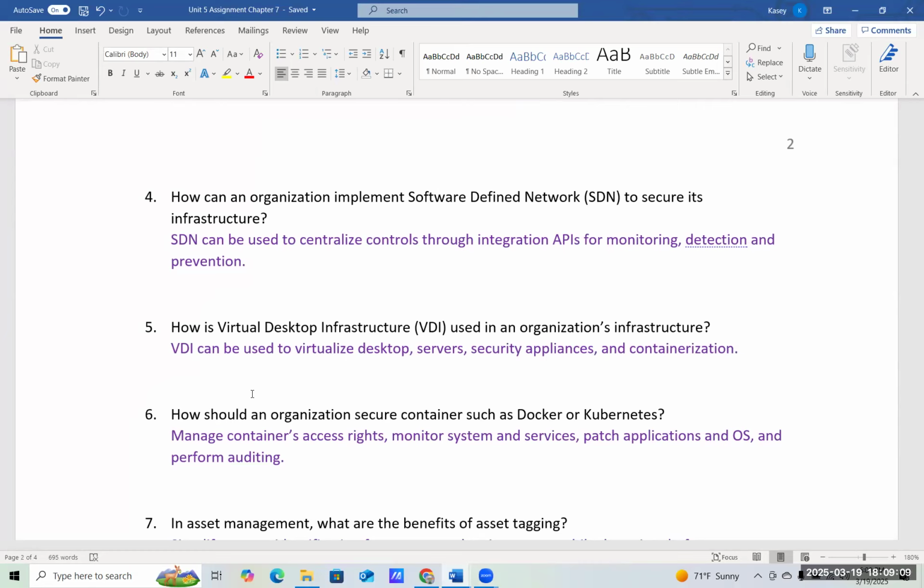And we don't just virtualize for testing, we virtualize for deployment, for usage, for operation.